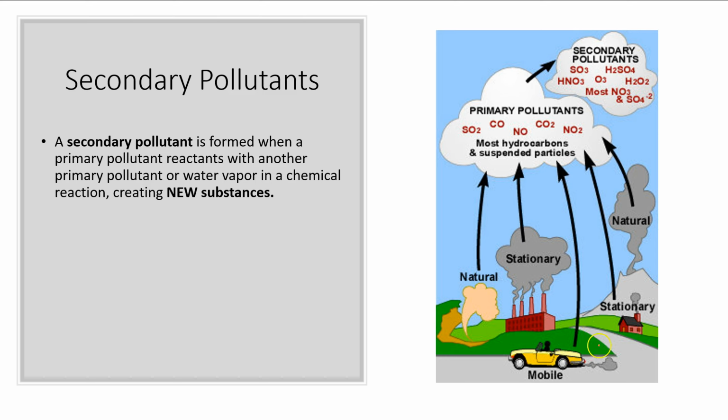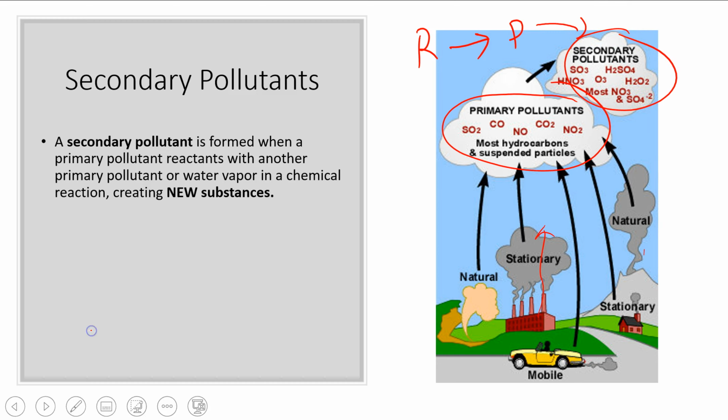So again, we have the pollutants that are emitted directly from a source, be that an automobile or a volcano or a factory or a power plant. Those are reactants, so we have our reactants on the left. Those pollutants can undergo chemical reactions to produce new pollutants that we call secondary pollutants, and the secondary pollutants would be like the products of a chemical reaction.